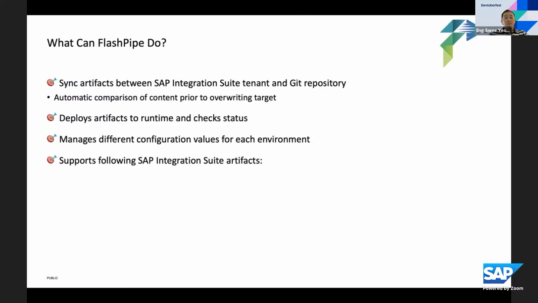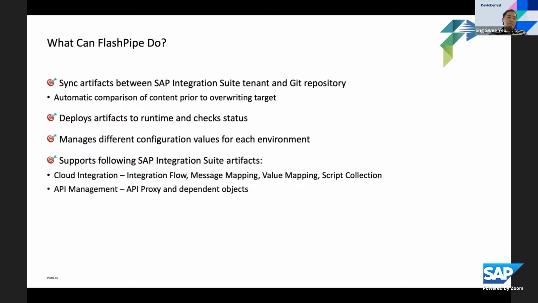FlashPipe supports a multitude of SAP Integration Suite artifacts. In the cloud integration capability, it supports integration flow, message mapping, value mapping, and script collection. For the API management capability, it supports API proxy and any dependent objects of the proxy, for example, key value maps or API providers that are used for the API proxy.